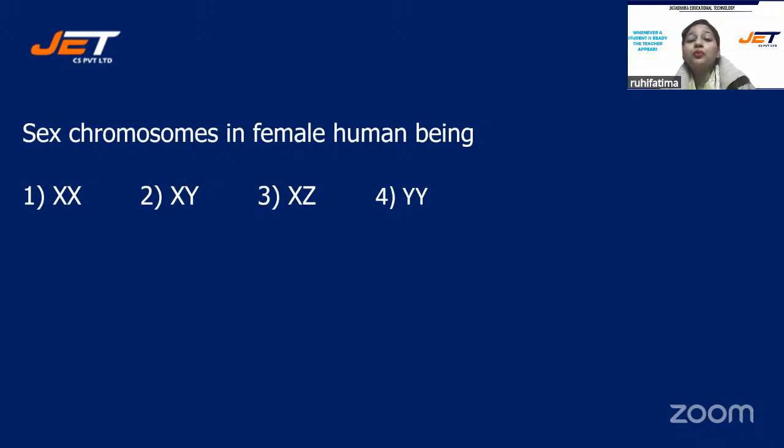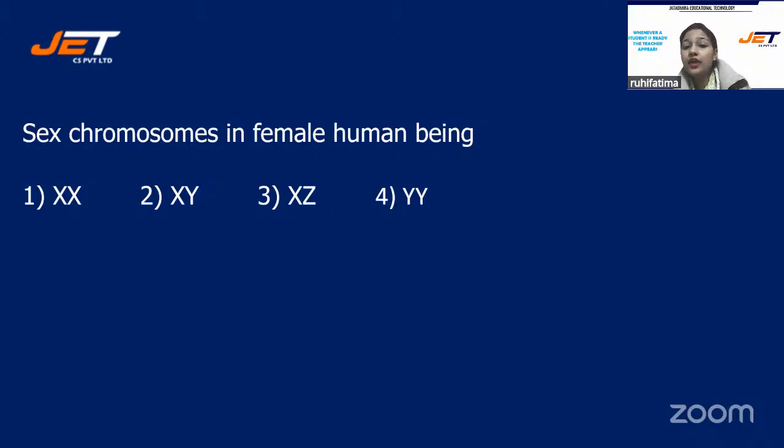Sex chromosome in female human being. Your options are number 1, XX, option number 2, XY, option number 3, XZ, or option number 4, YY? What is the symbolic representation of sex chromosome in female human beings, students?